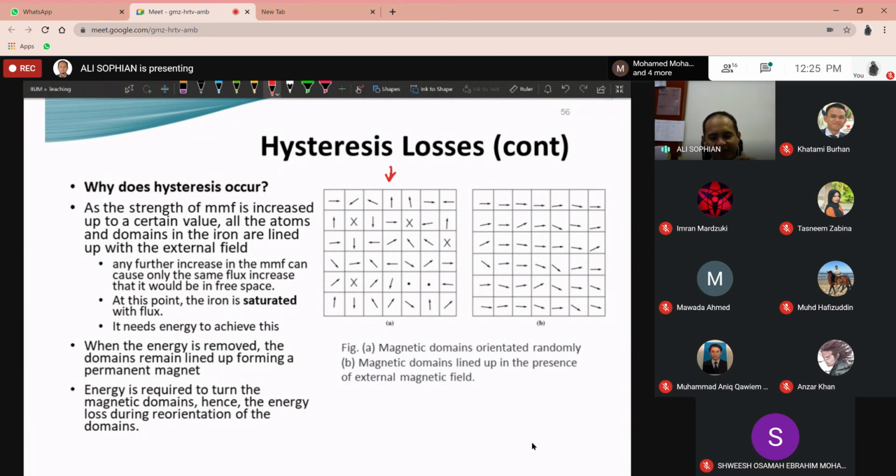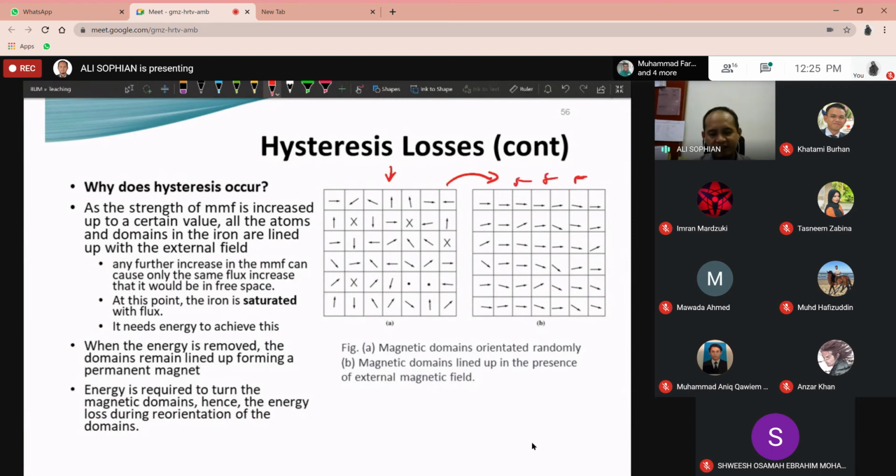But when you apply a magnetic field, the magnetic domains line up together in the same direction, following the applied magnetic field. The core becomes magnetized and the magnetic field is no longer zero. When you apply the magnetic field in the opposite direction, the domains go in the opposite direction.